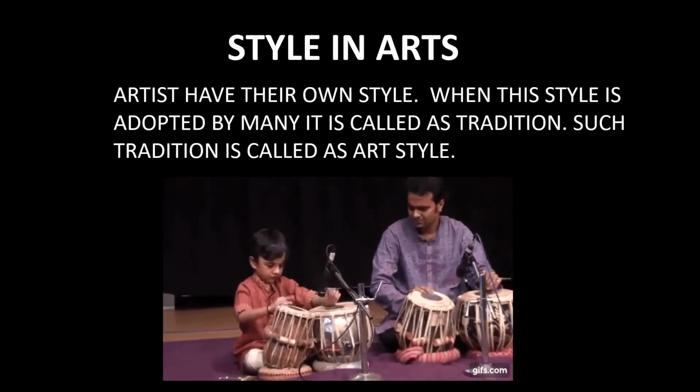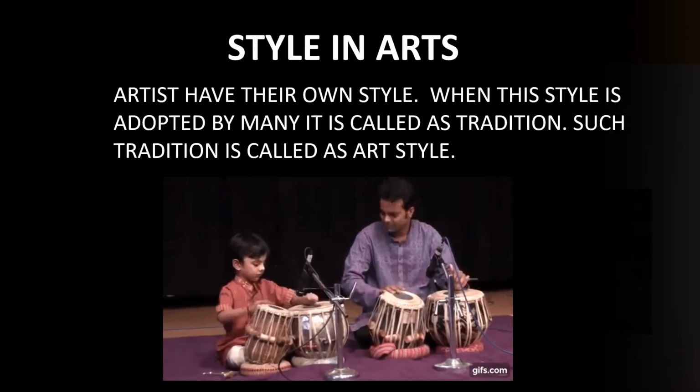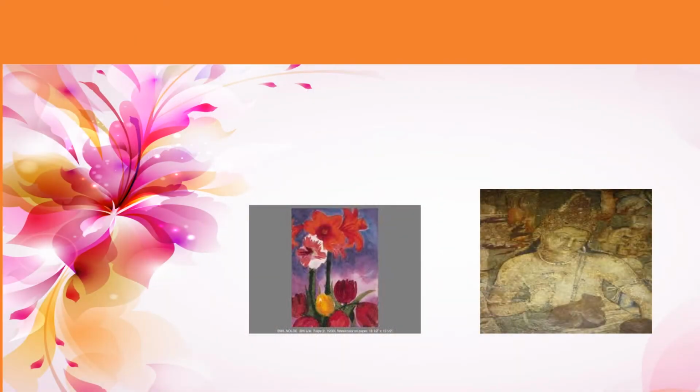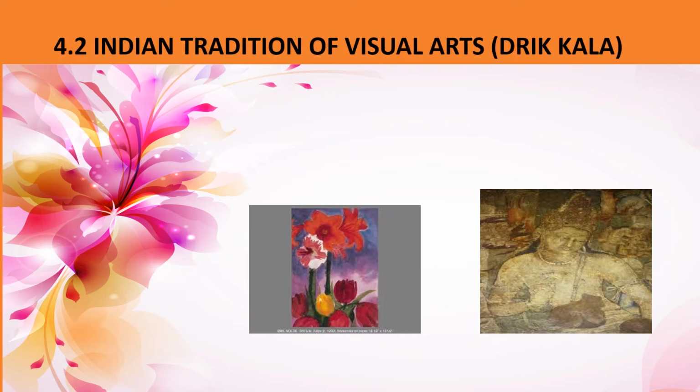Indian tradition of visual arts. The art of painting and sculpting are visual arts. Paintings, as we know, are two-dimensional. For example, the sketches or paintings of natural objects and individuals.